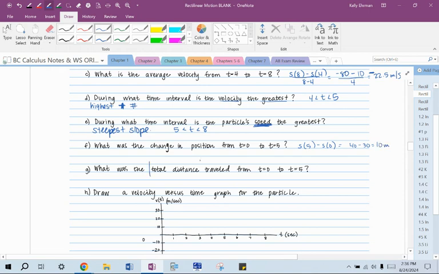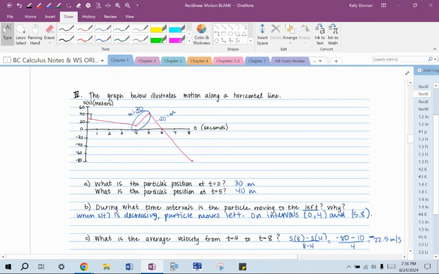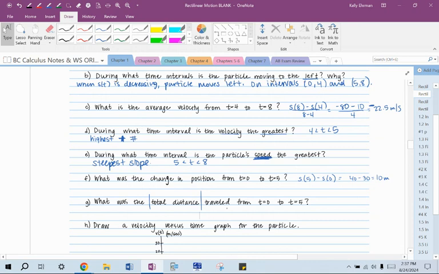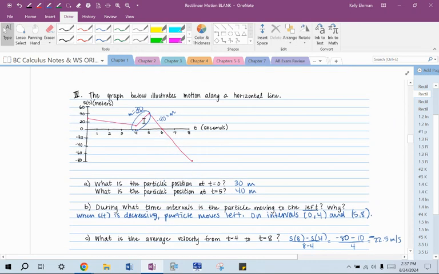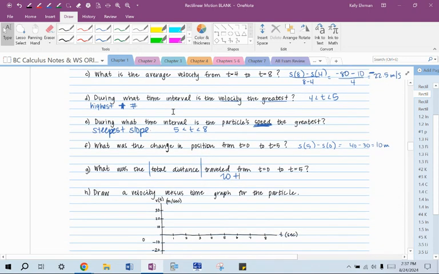What's the total distance traveled from 0 to 5? So total distance is saying, all right, we went from 30 to 10. So that's a change of 20. And then add to that a change from 10 to 40. So you're adding 30 to that. So that's a change of 50 meters.